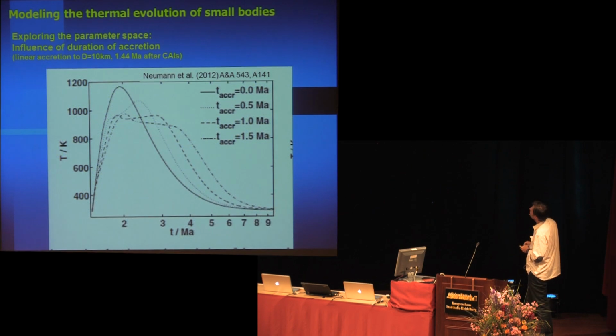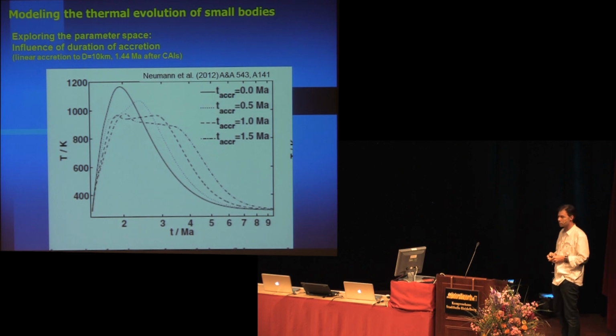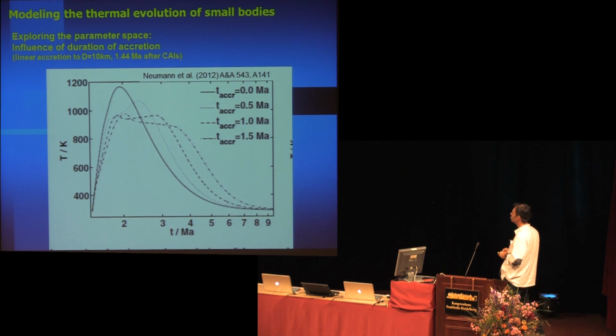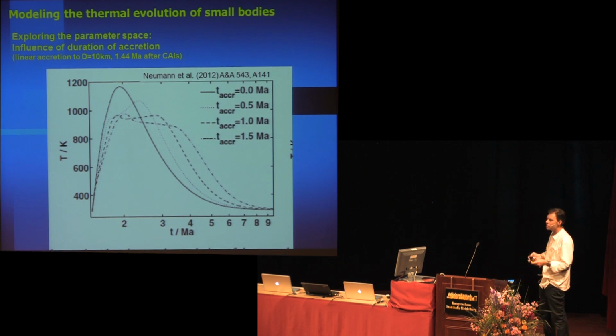So, okay, what more is important? Many calculations or models assume instantaneous accretion, but you also can assume that it needs some time to form a planetesimal. For example, here you have different accretion times ranging between 1 and 1.5 million years.